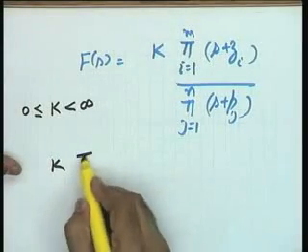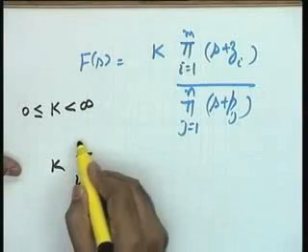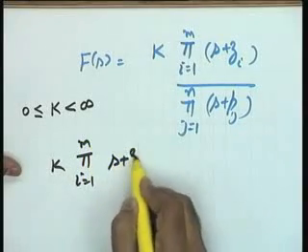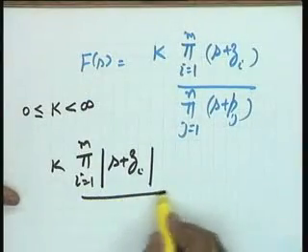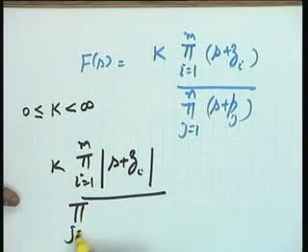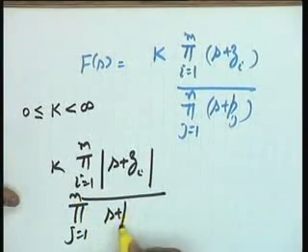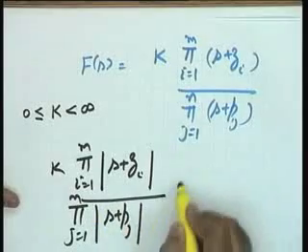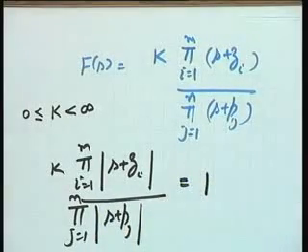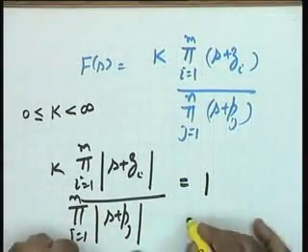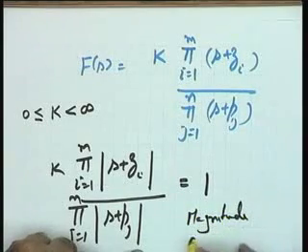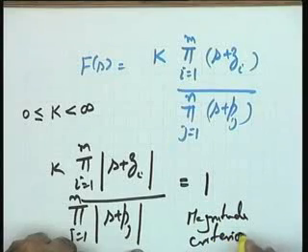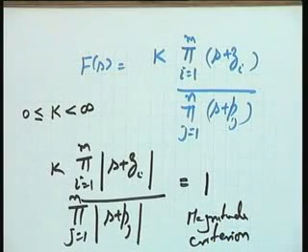So, k times the product i equal to 1 to m of magnitude of (s plus zi), after all the modulus can be taken inside, divided by the product j equal to 1 to n of magnitude of (s plus pj), should be equal to 1. This is one condition, and I call this the magnitude criterion or magnitude condition, you may call it.